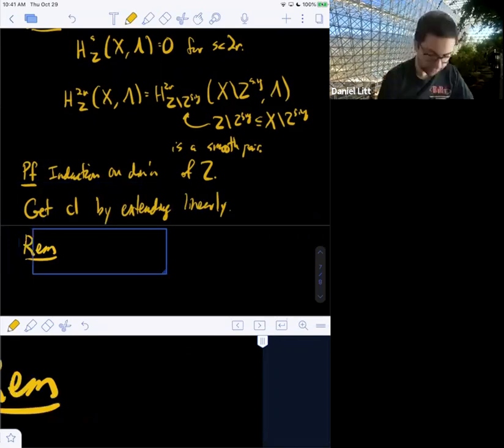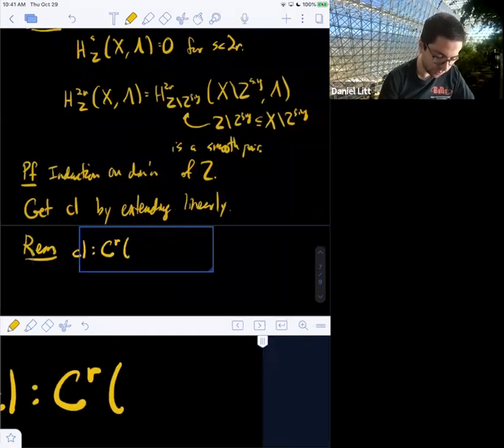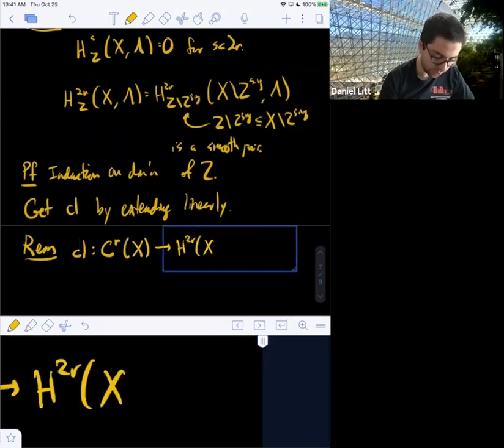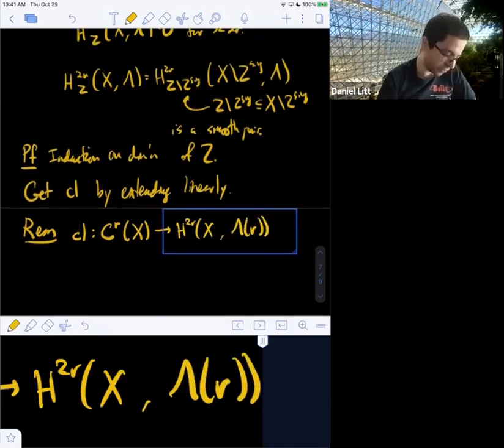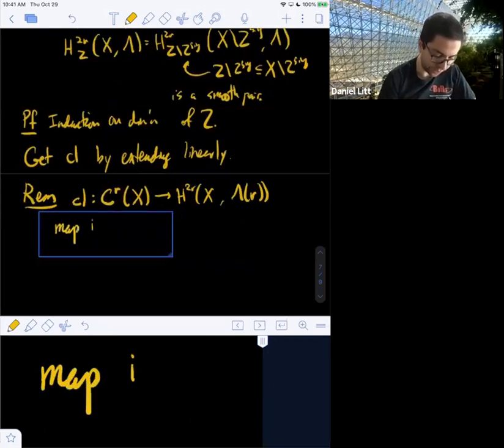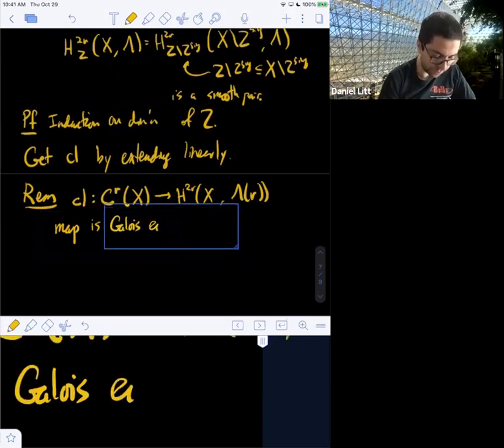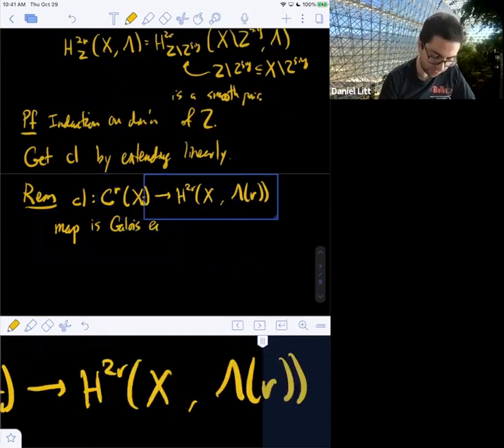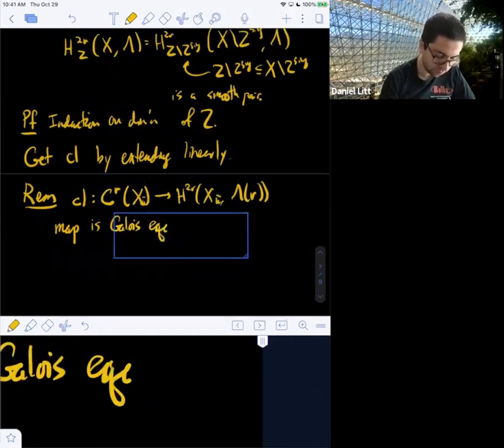So we get this map cl from codimension R cycles on X to H2R of X with coefficients in lambda, and this map is, just from construction, Galois equivariant. So maybe let me go up to K bar for Galois equivariance.